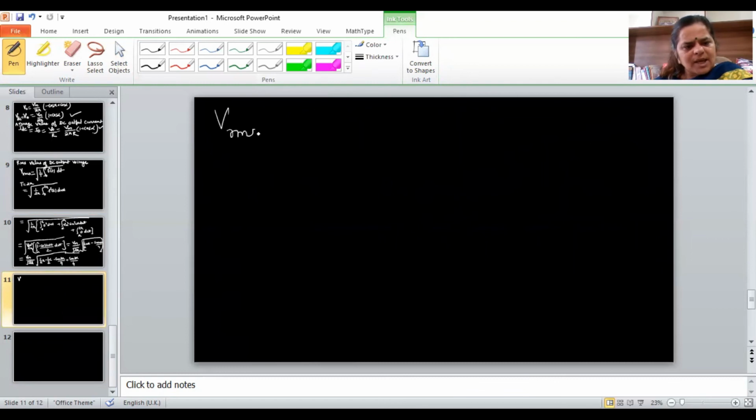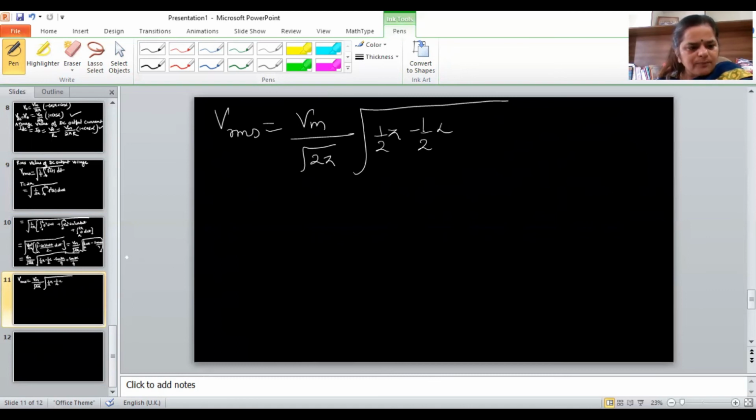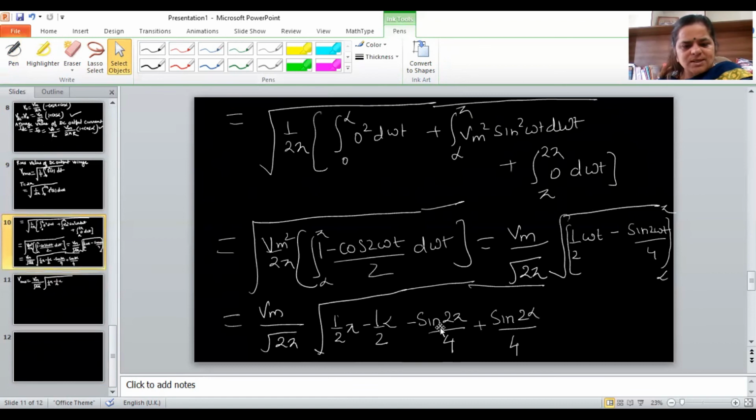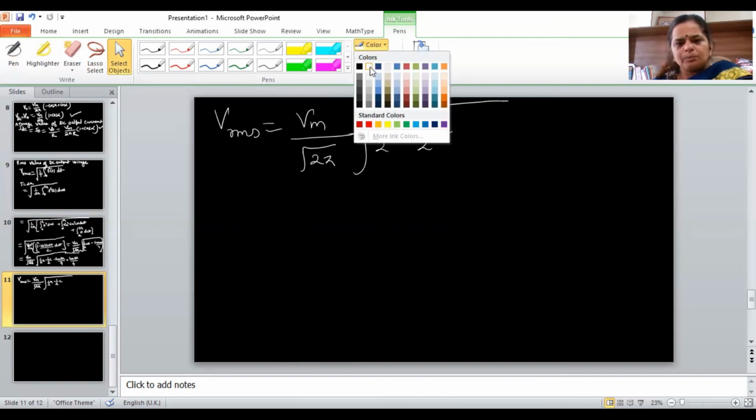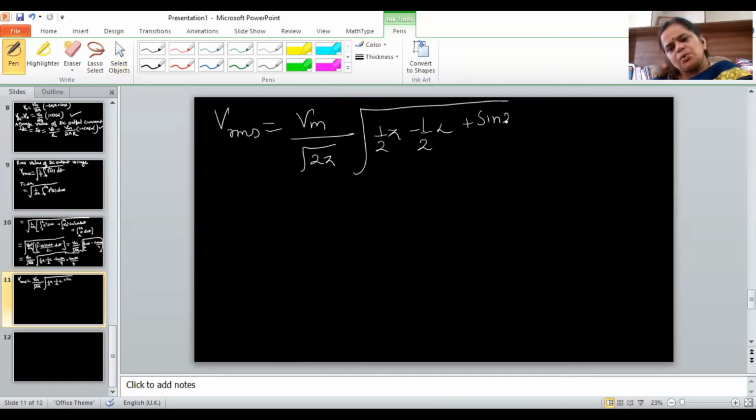Vrms is equal to Vm upon root 2 pi, under root 1 upon 2 pi minus 1 upon 2 alpha. Now what is sine 2 pi? 0. So this whole term will be 0. So plus sine 2 alpha by 4. Okay. So this I further solve.